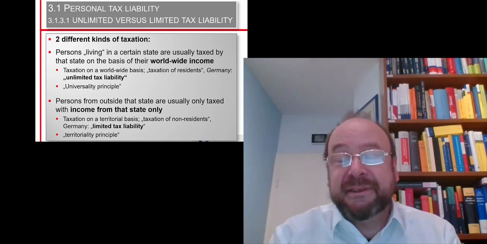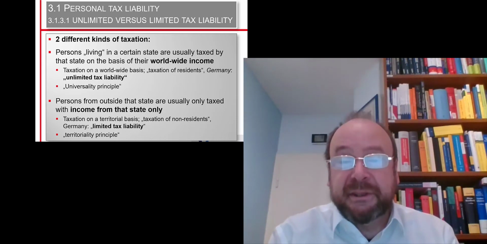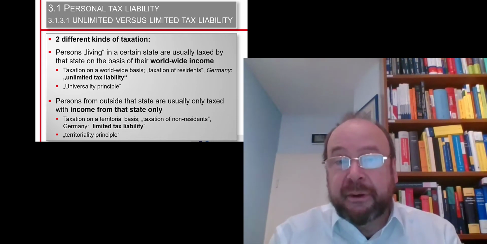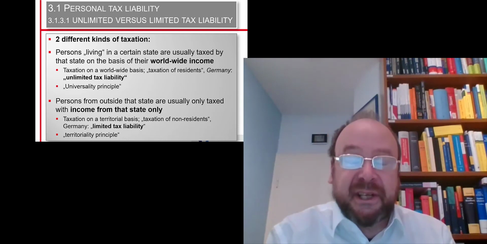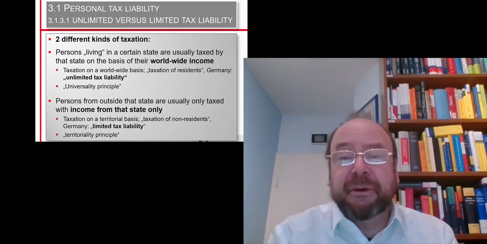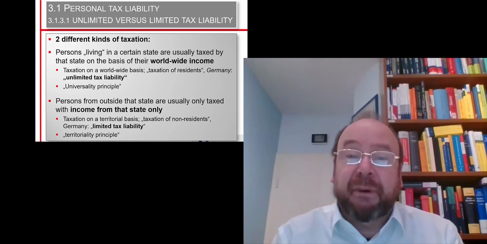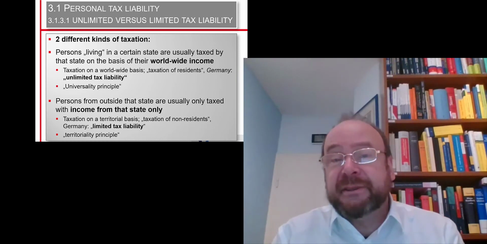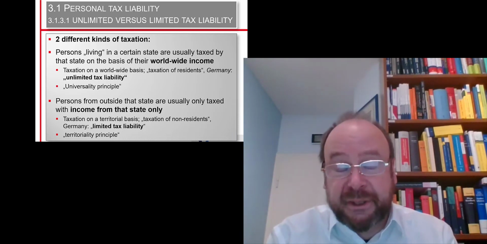If we decide to use different terms, then you know things where we speak about unlimited tax liability have to do with German law. If we speak about the taxation of residents and non-residents, we speak about the situation in England or the USA. So different terms are a bit difficult in the beginning, but later they are a great help because you can directly, by the choice of the terms, signal to the other person to whom you speak about what you are speaking. Good.